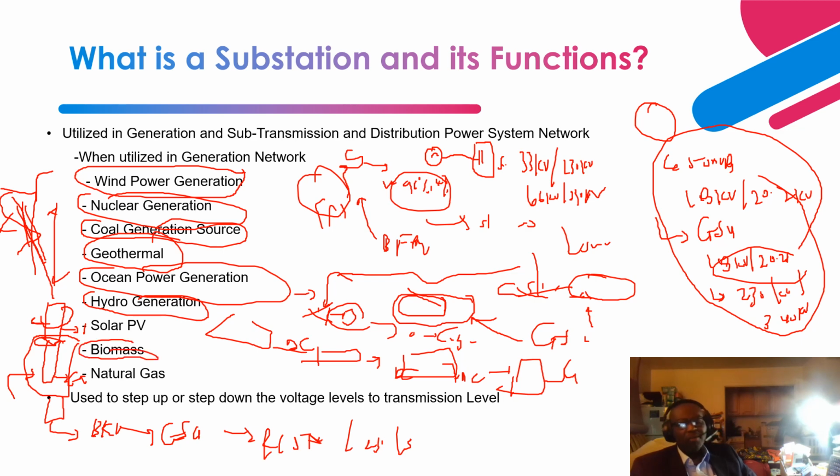Next is biomass. A typical example of biomass as a renewable is trash, wood, and all of this is pulverized. It is crushed into smaller fragments and fed inside a boiler.